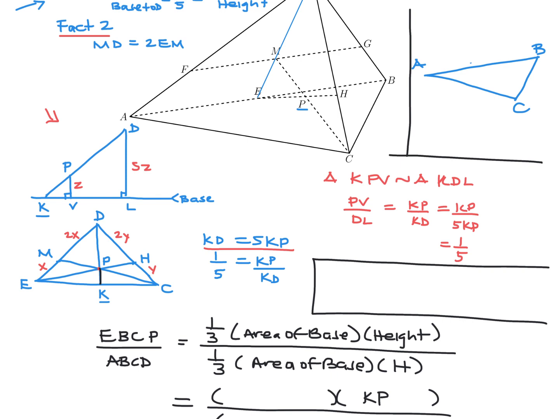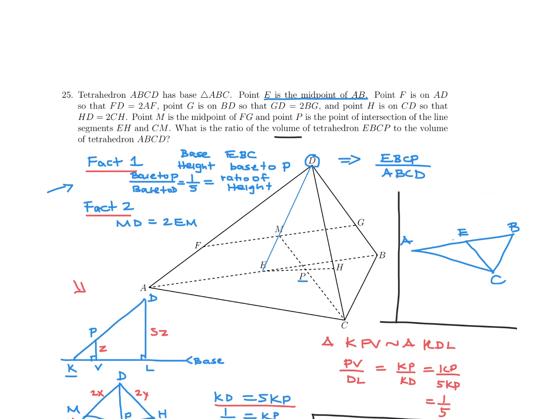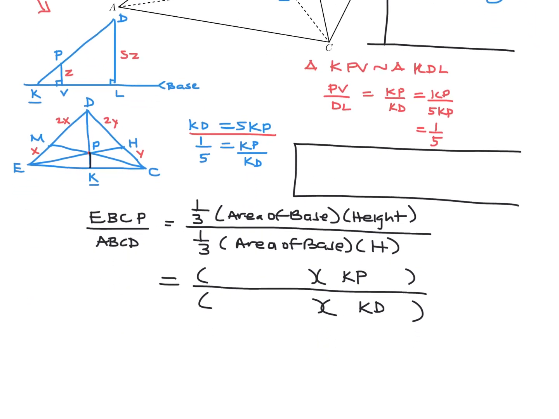Now the base for EBCP, that is just EBC, where E is here. But if you remember, E is the midpoint, correct? Let's go back to E is the midpoint of AB. So that basically means that this is just half of the total area of ABC. So the area of the base, if this say is ABC, this will be half of ABC.